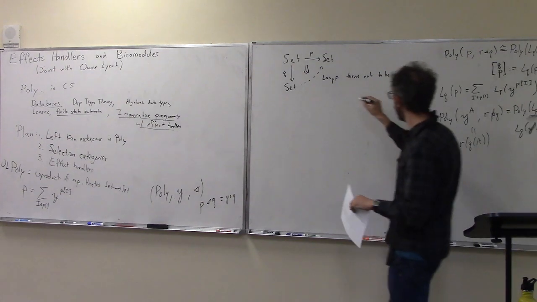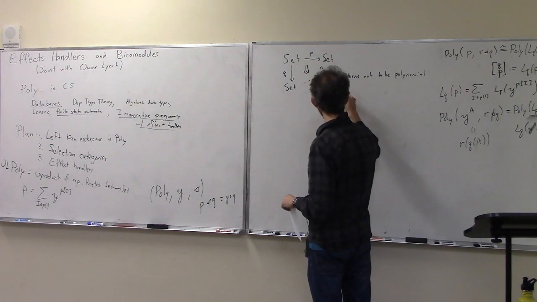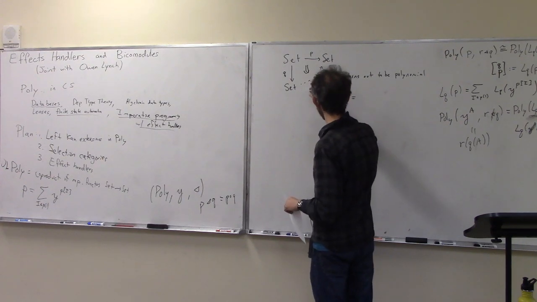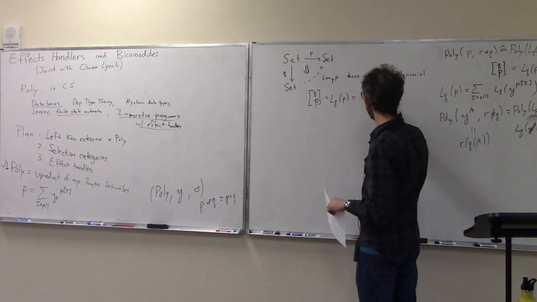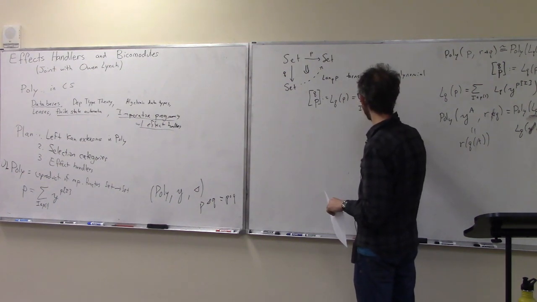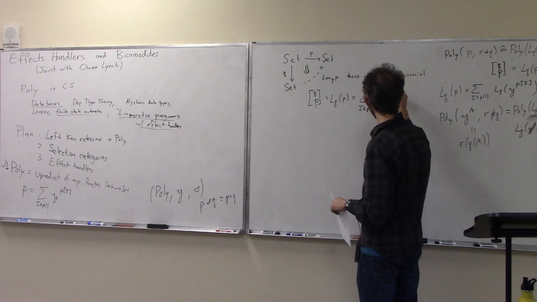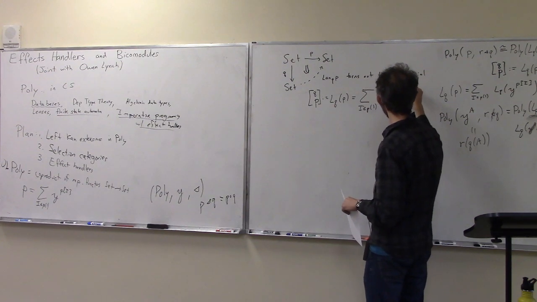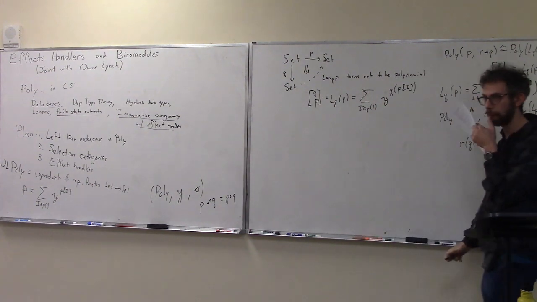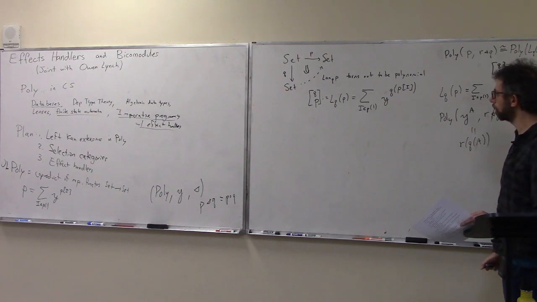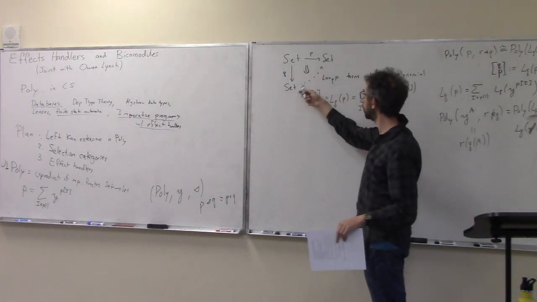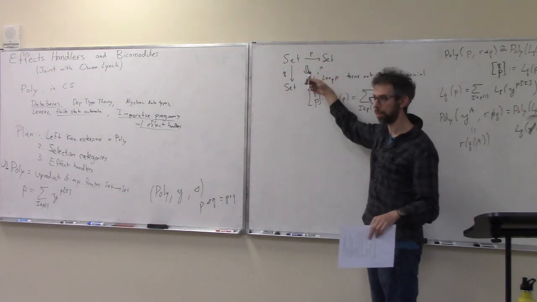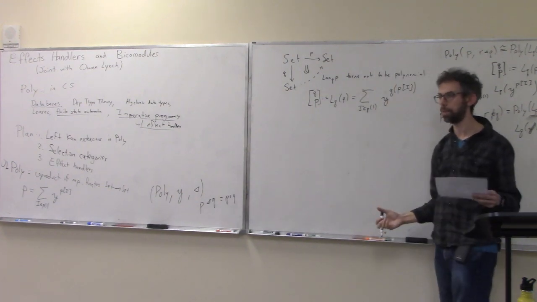So the point is that LQ of P, which I usually denote PQ, is the sum over the same thing that P is a sum over of y to the Q of P bracket i. And that's the left Kan extension in poly. This is the initial polynomial that receives this map, and it's the initial functor that receives this map. The initial functor happens to be polynomial.